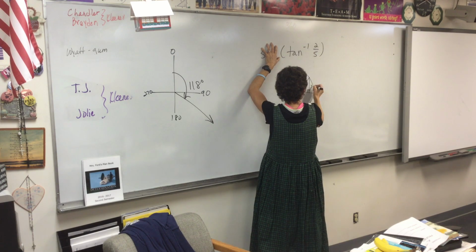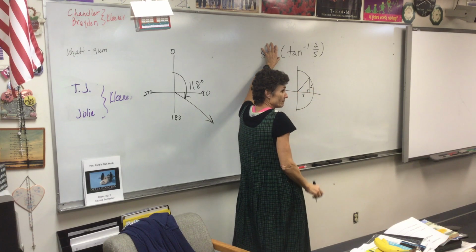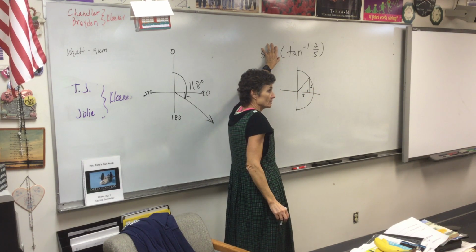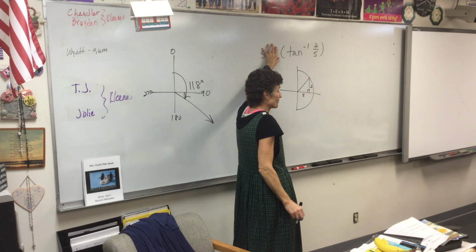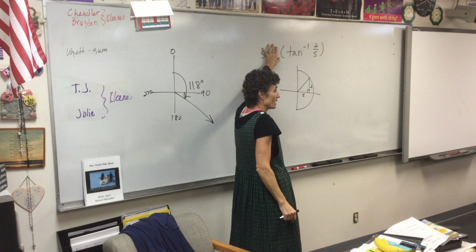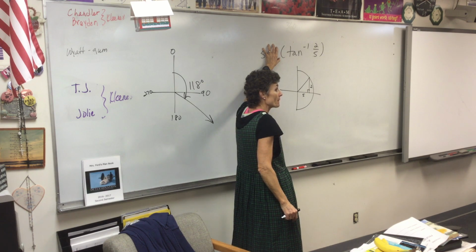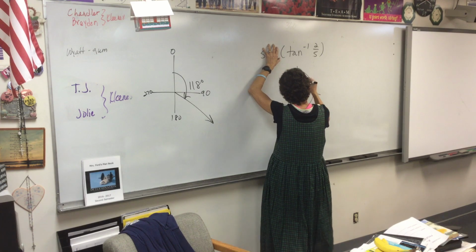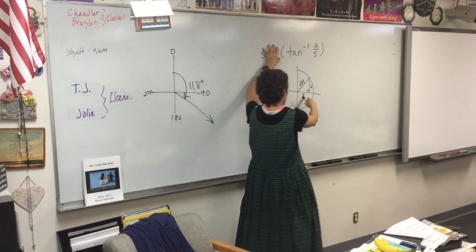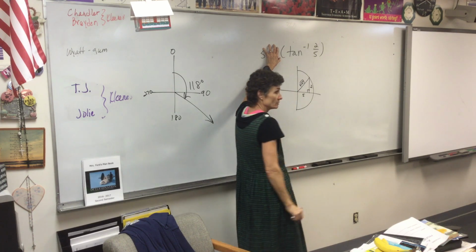Tangent is opposite over adjacent, right? Now do the Pythagorean theorem and tell me what my hypotenuse is. A squared plus B squared. What is it? The square root of 29. How did she get 29, kids? 25 and 4?